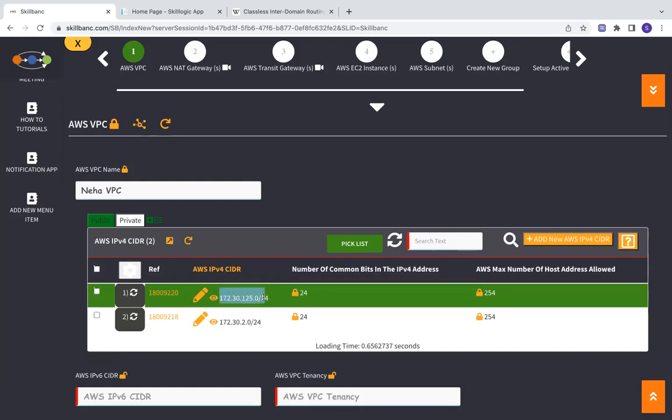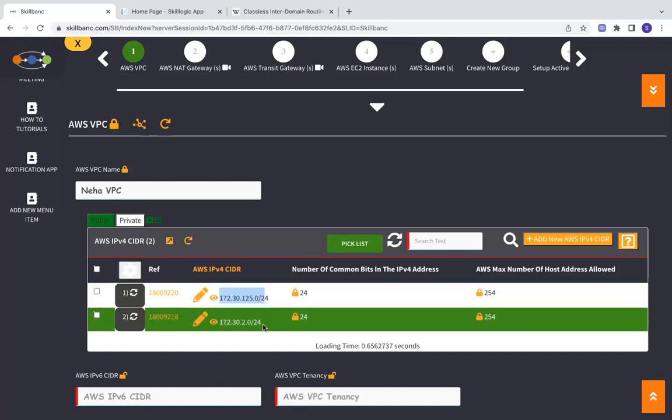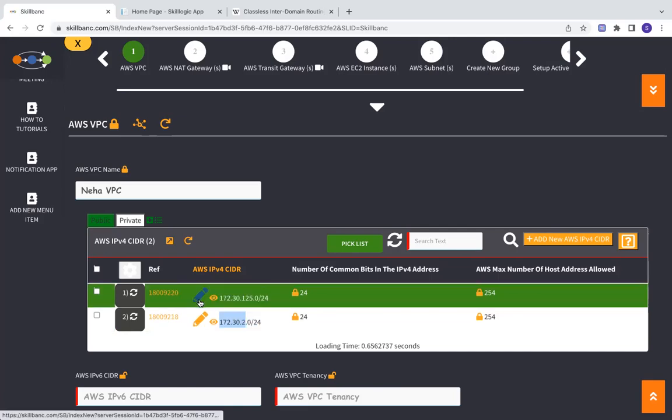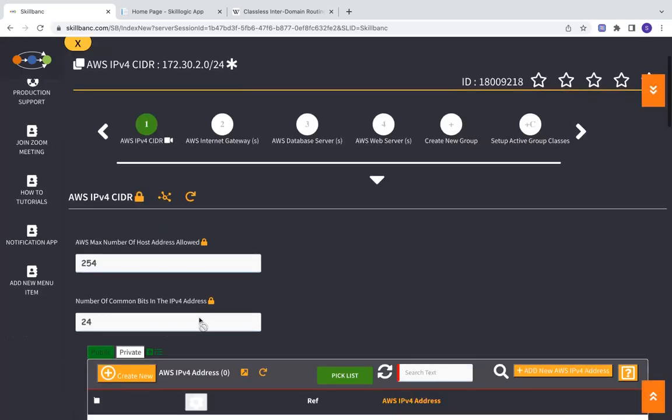This is one subnet. This is another subnet. There are two subnets that we have defined, and the 24 bits are common for every IP address within this. So let's open this second one, and then show some IP address examples.